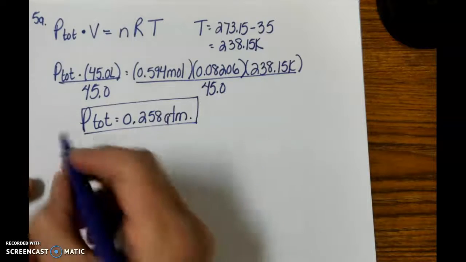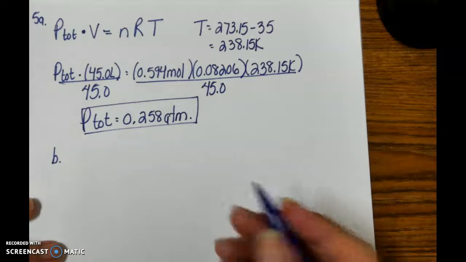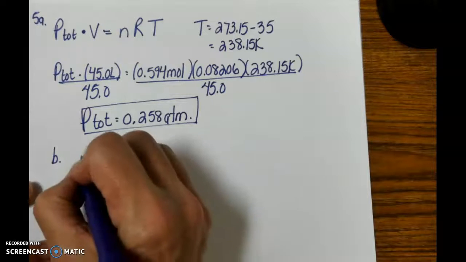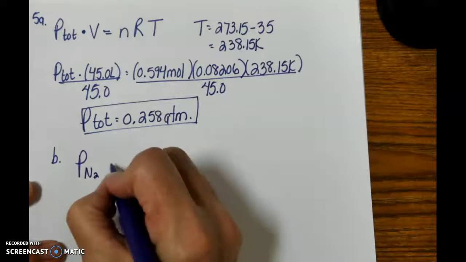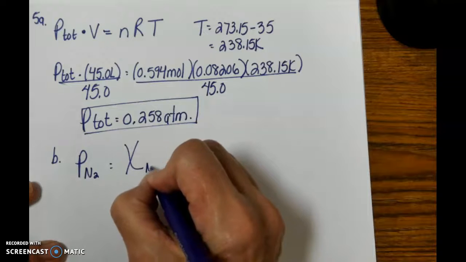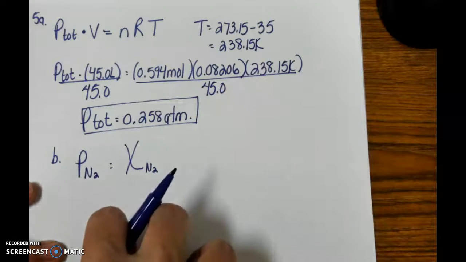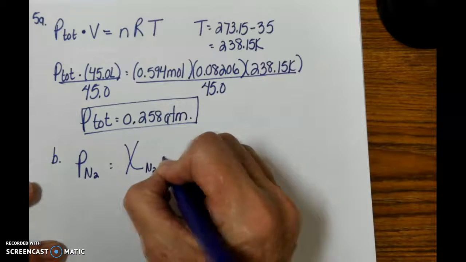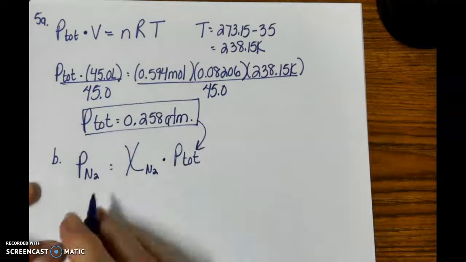All right, now for B, what we want to do is calculate the partial pressures of each gas. Now, if I wanted to calculate the partial pressure of N2, that would be the mole fraction of N2, the moles of N2 to the moles total, times P total. Well, I have that.